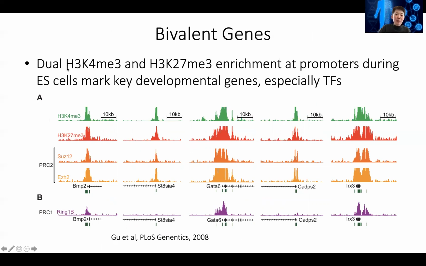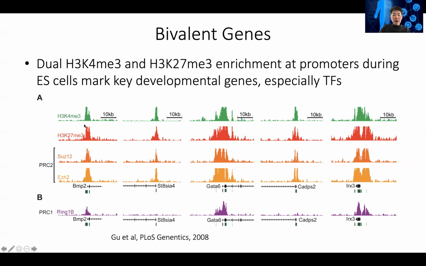They are marked by H3K4 trimethylation. The promoters, especially CpG promoters, can also be marked by H3K27 trimethylation near the CpG regions if the gene needs to be silent. And so you would imagine a gene either has K4 trimethylation or K27 trimethylation.